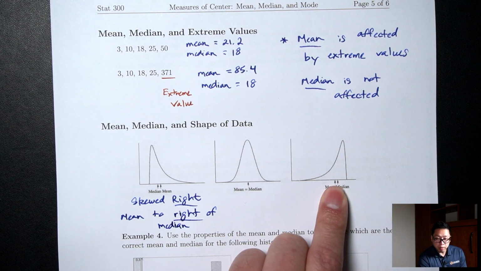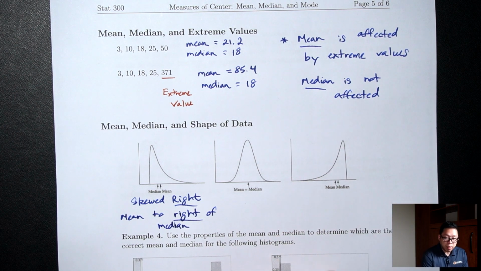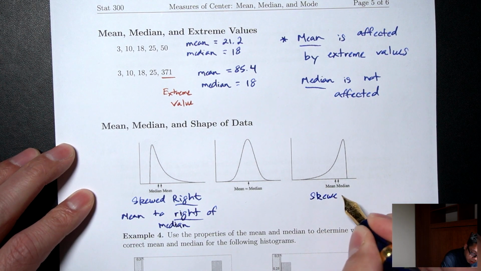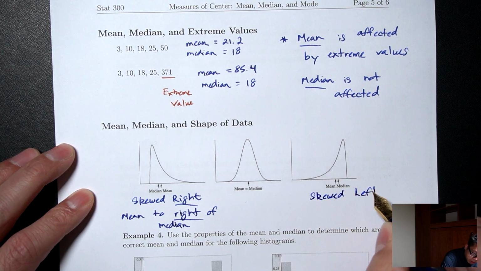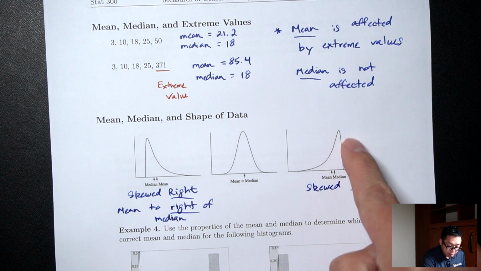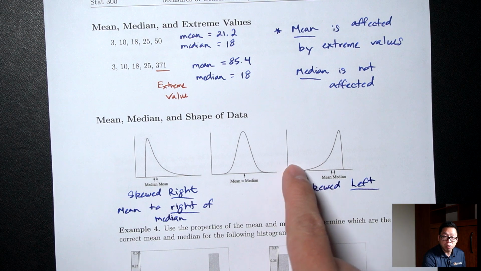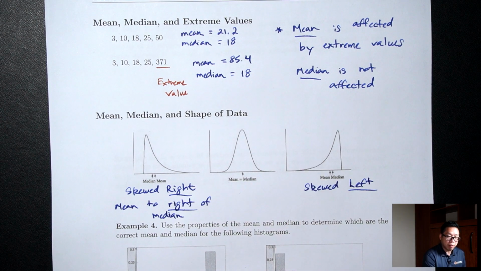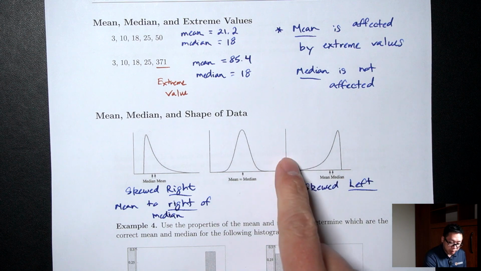Picture on the end here, the tail is on the left side. This is skewed left. Skewed left data means most of your data is high and you have a few extreme values on the low side. The extreme values affect the mean more, by pulling the mean towards it.